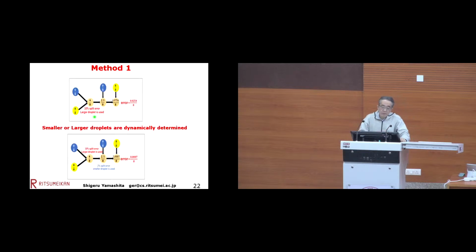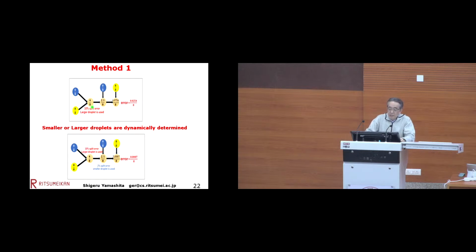a little different approach than simple duplication. Method one is very easy. In this case, we also need a sensor camera, but we don't need to redo operations. Our idea is very easy. If our camera detects the unbiased splitting, we can detect which is larger or smaller, and we select which one to use for further operations.